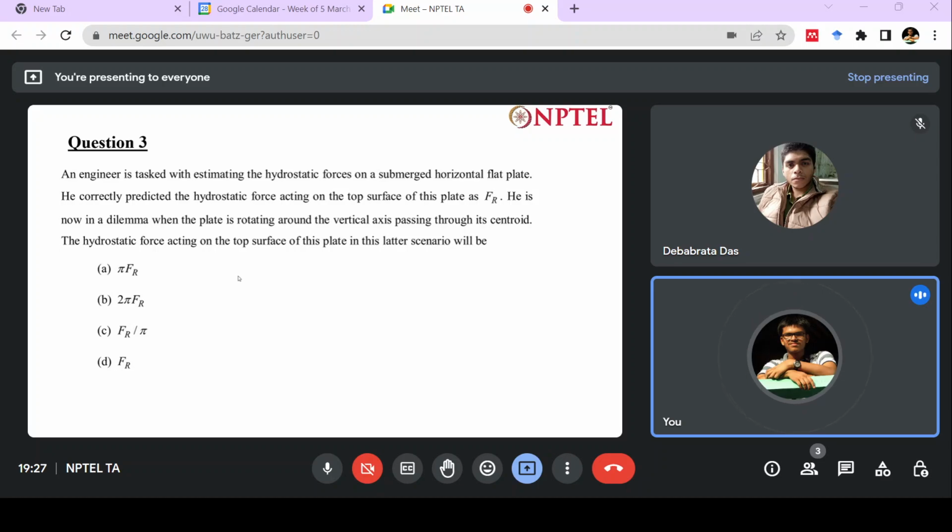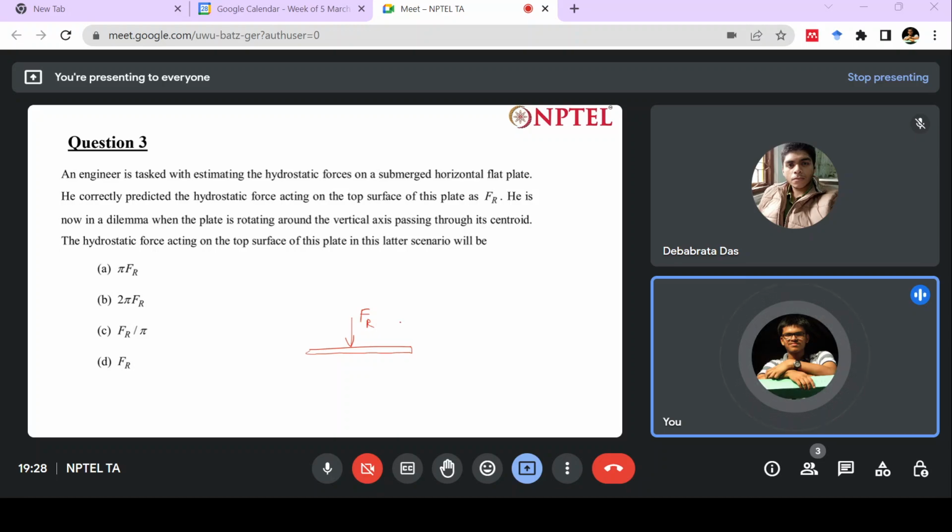So question three. This is also a conceptual question rather than a numeric one. An engineer is tasked with estimating the hydrostatic forces on a submerged horizontal flat plate. He correctly predicted the hydrostatic force acting on the top surface of this plate as Fr, the resultant force.